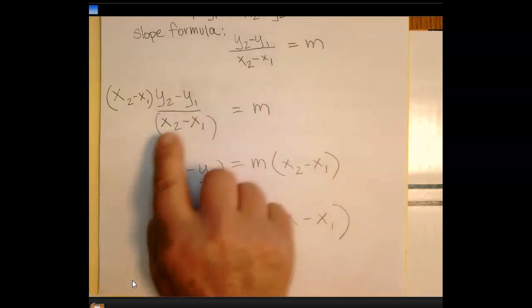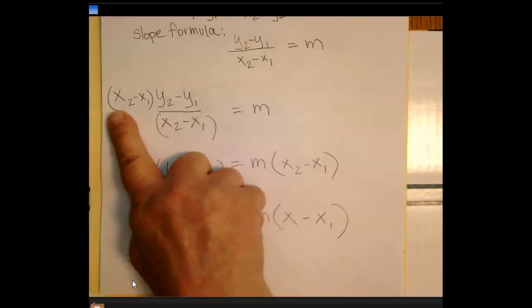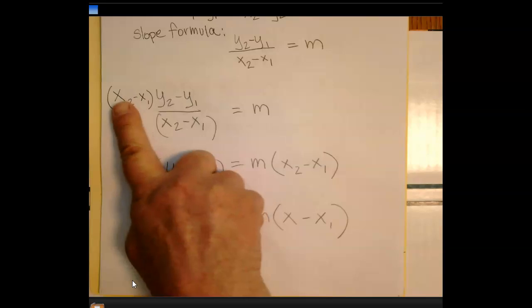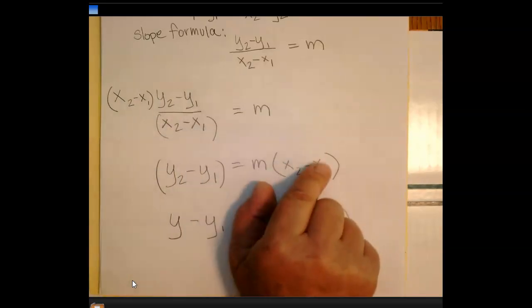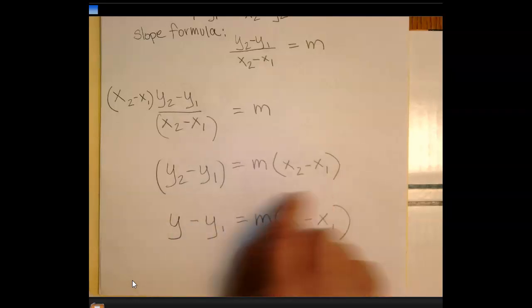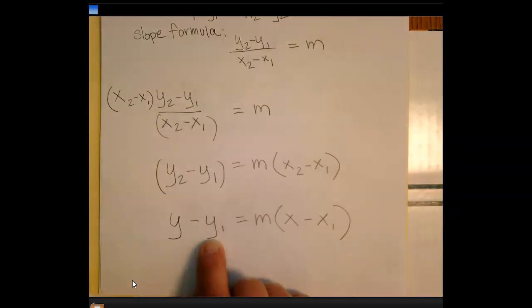That means I've got to multiply both sides by x sub 2 minus x sub 1. That'll cross cancel here, and it'll show up over here. What's interesting about this is, look at this. This is directly point-slope form of a linear equation.